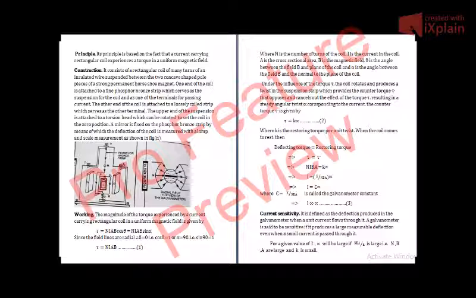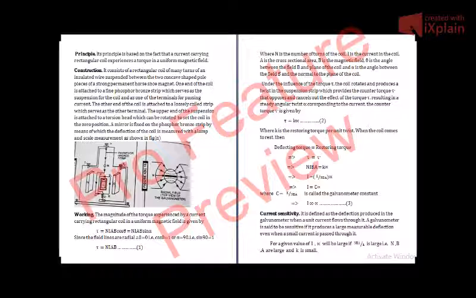If you want to pass current through anything, you need two terminals. So it acts as one of the terminals. The other end of the coil is attached to a loosely coiled strip, which you can rotate, and which serves as the other terminal.